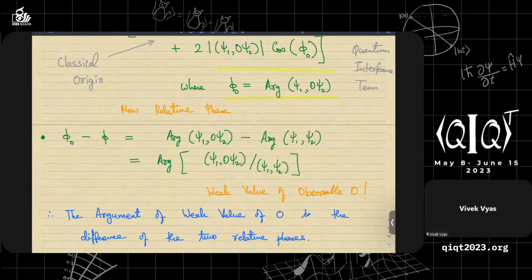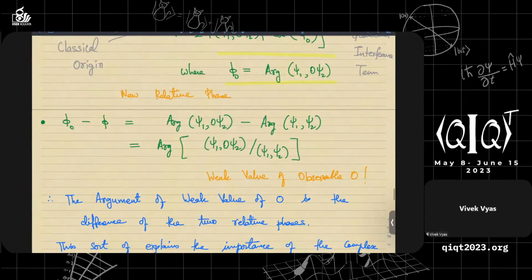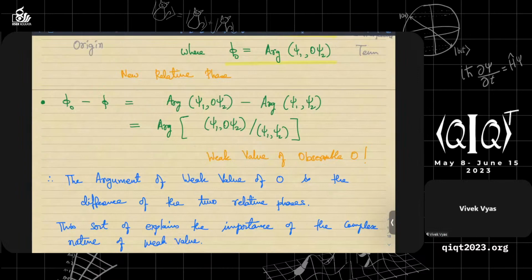Interestingly, if you take the difference of the two relative phases, namely this O relative phase and the earlier relative phase, which is this minus this, it becomes like the inner product of psi1 acting on O, psi2, divided by the psi1, psi2 inner product. But this object is nothing but the weak value of the observable O. I'm sure in many of the talks in this conference, you would have come across these weak values.